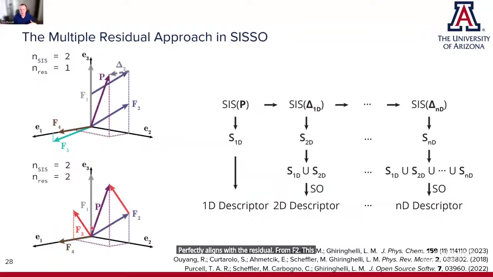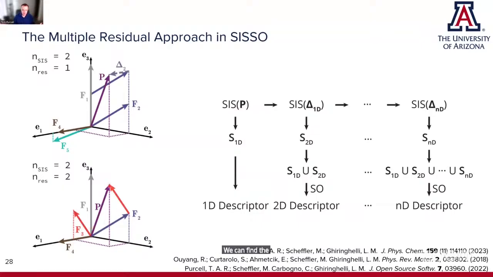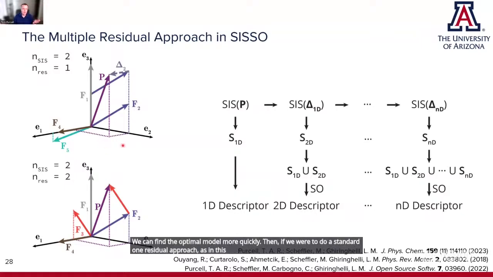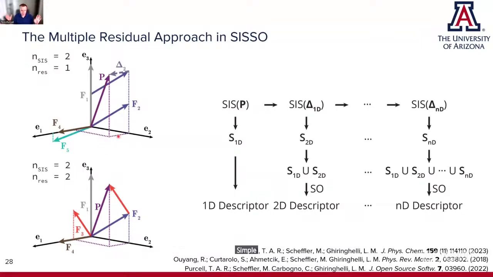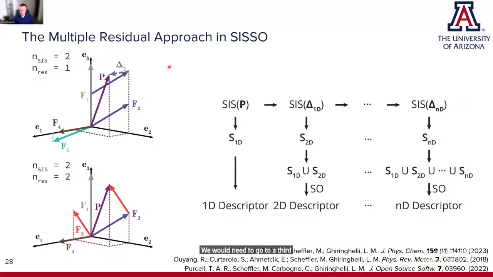This means that utilizing this multiple residual approach, we can find the optimal model more quickly than if we were to do a standard one residual approach, as in this very simple toy example that I made to describe this more easily, we would need to go to a third dimension.